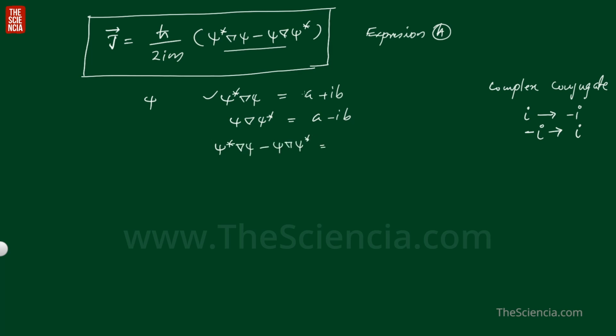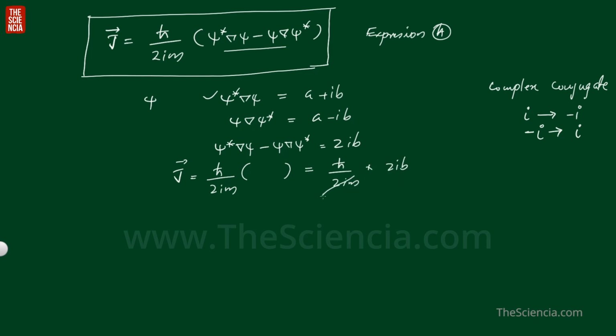It will be equal to a minus a, that is 0, plus ib minus (minus ib), that is 2ib. Therefore, we get J is equal to ħ by 2im into 2ib, right?